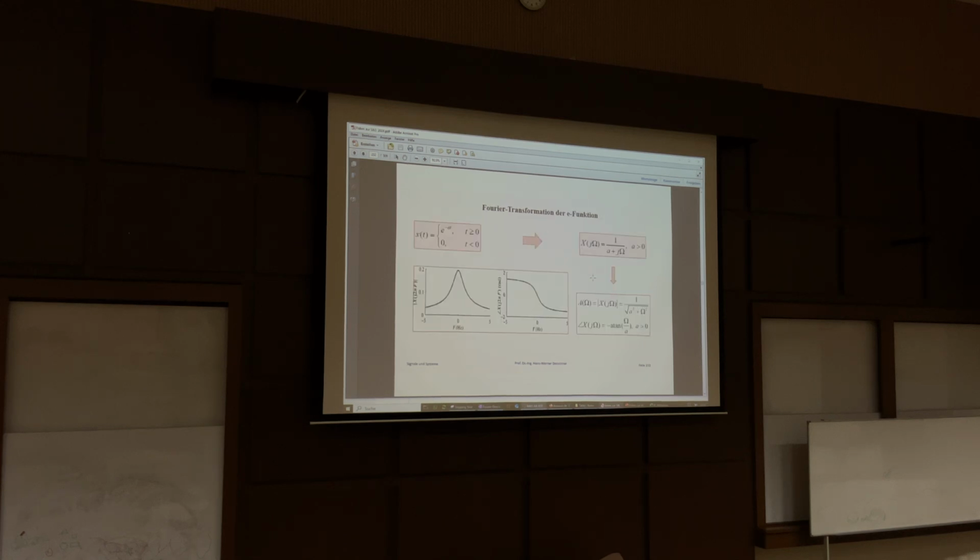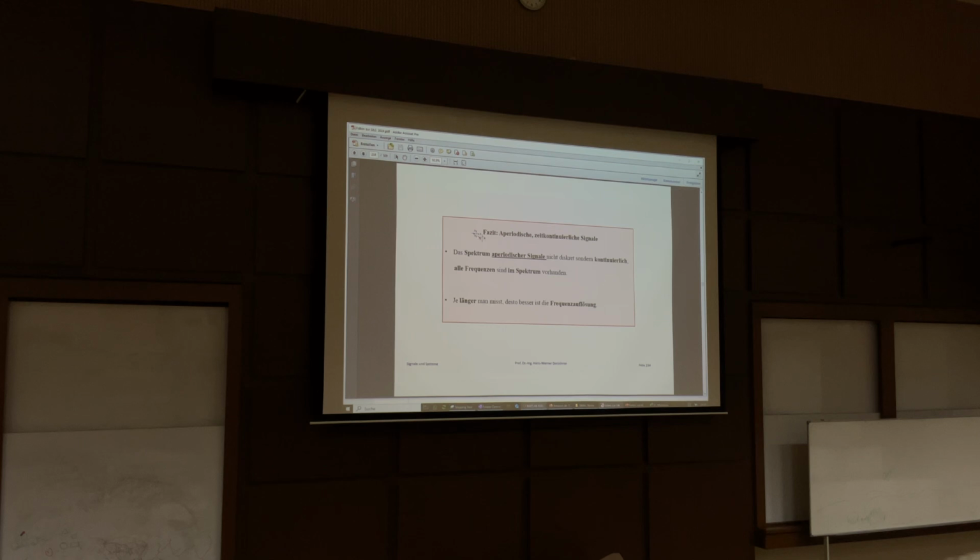Okay, this is another one. And the summary of all that: the spectrum of an aperiodic signal is now not discrete anymore, it is continuous. All frequencies are present, but the amplitudes are also reduced the higher the frequencies are.